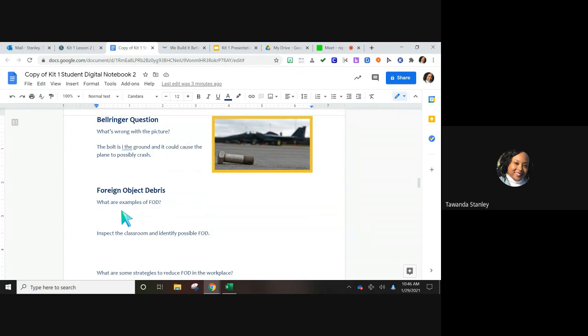All right, so we said book bags, bolts. But it said inspect the classroom and identify. So we said book bags, paper, pencils. Let's see what else they have on here.